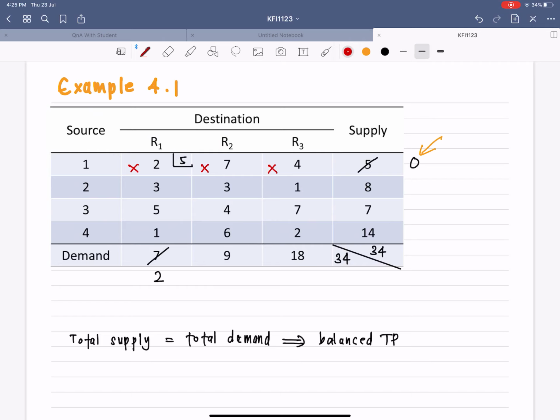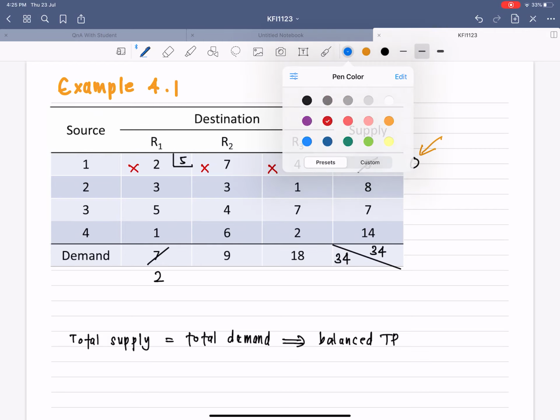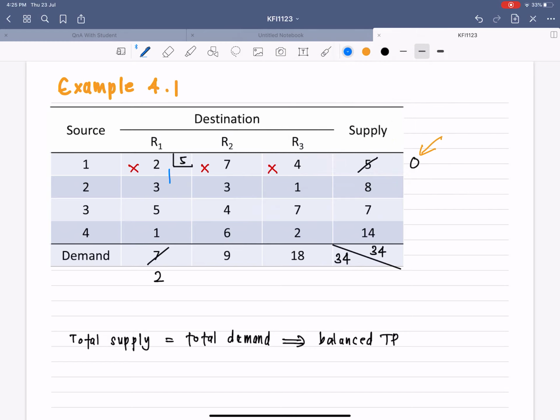Then what you have to do next is go from the northwest corner again. Remember, because we already cancelled out the first row, the remaining cells are these 9 cells, 3 times 3 is 9.